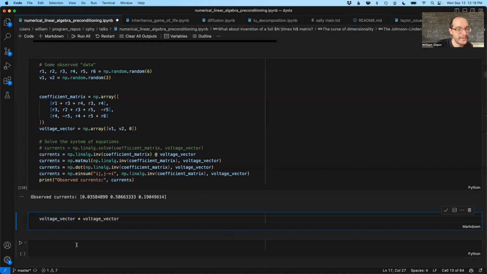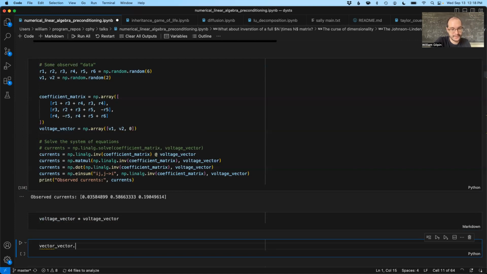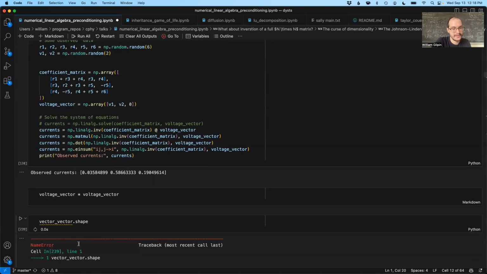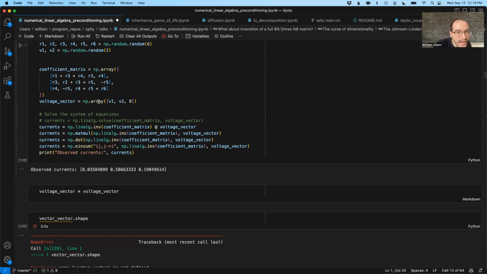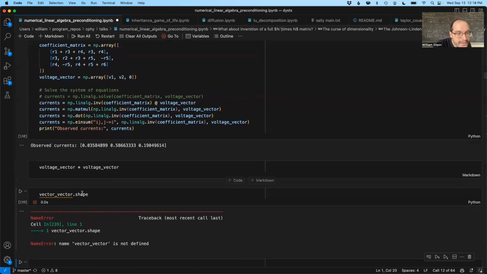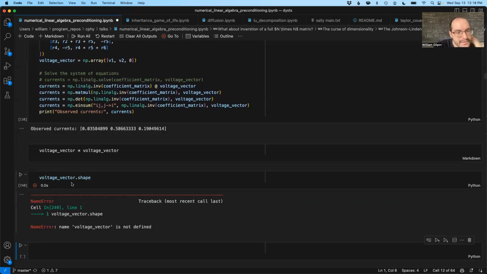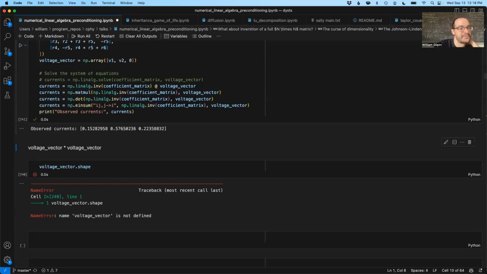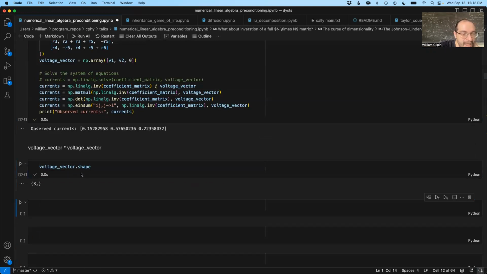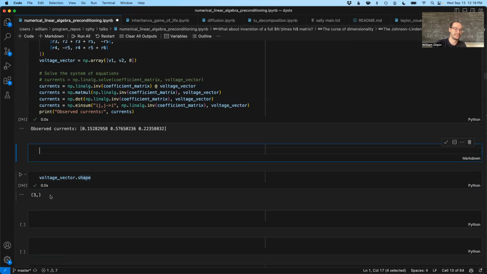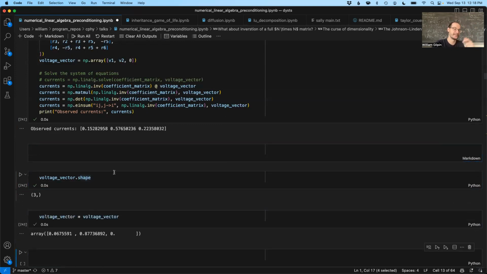However, my voltage vector I think right now has shape... Oh, oops. This is voltage. Oh, I need to run that. Okay, so it's shape 3. So that means that this product should give me element-wise product, and it did.